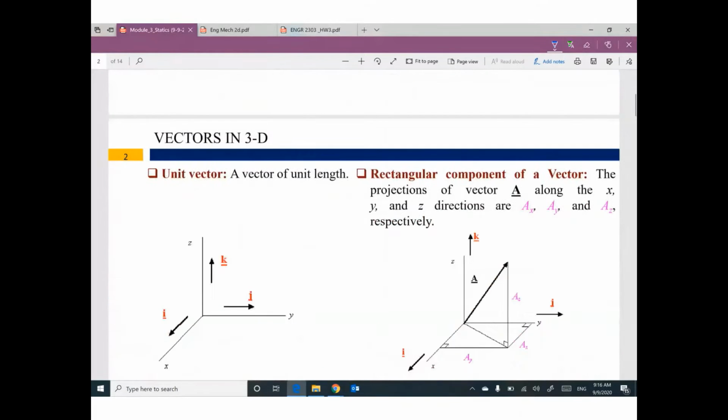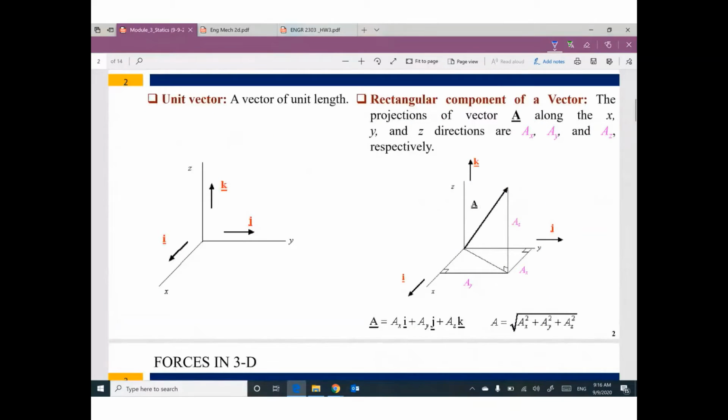3D means we have 3 axes, one called x-axis, one called y-axis, and one called z-axis. I believe you learned this in mathematics. We have something called a unit vector in the x direction, which is called i, a unit vector called j, and a unit vector in the z direction called k.